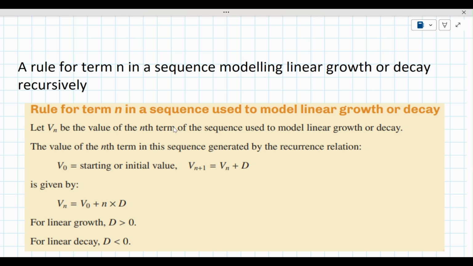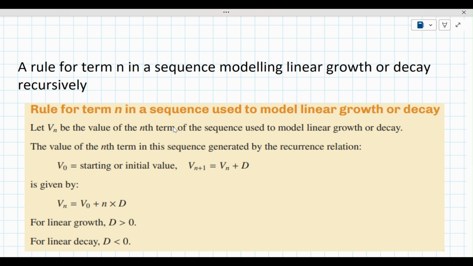We have the terms of a sequence generally and the recurrence relation. The initial value is the starting point, and we go from n to n plus 1 by adding d.